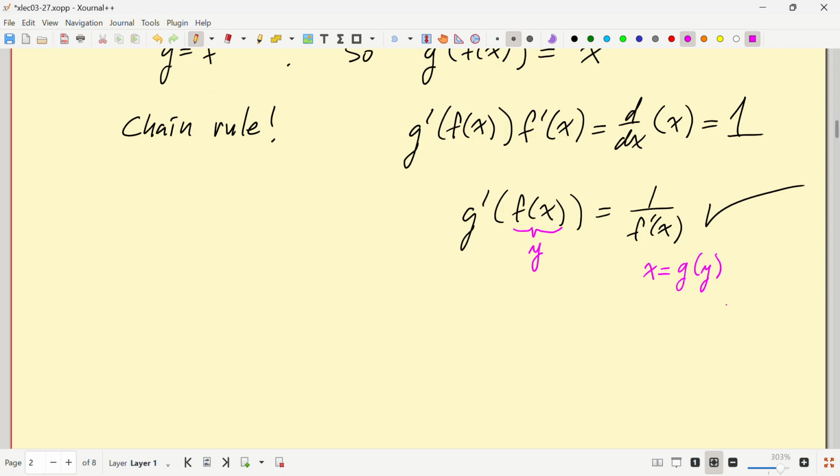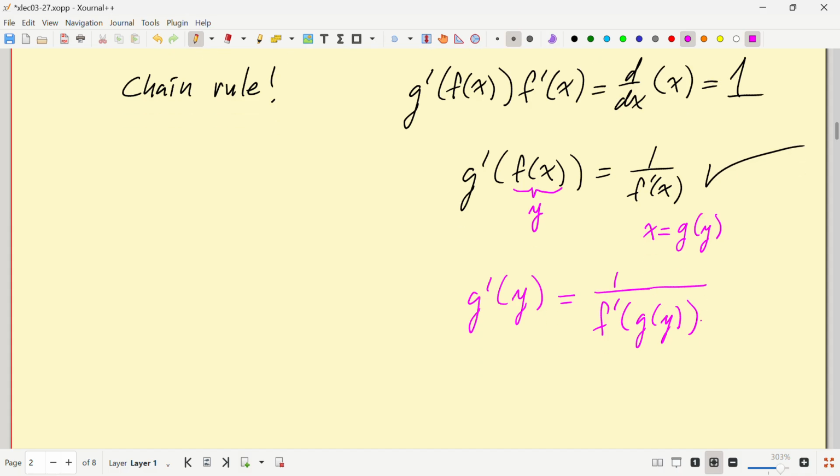And so another way to write this formula would be g prime of y equals 1 over f prime of g of y. Same formula. Anyway, however you want to remember it, it's the chain rule.